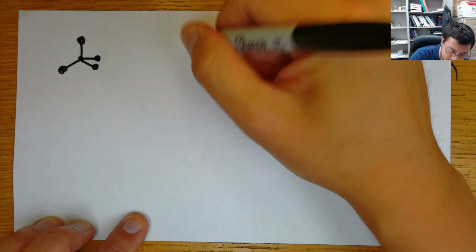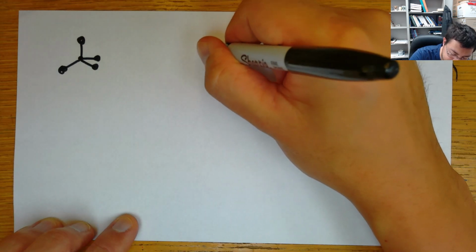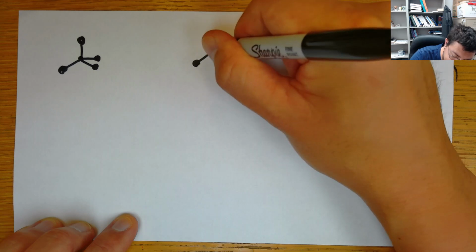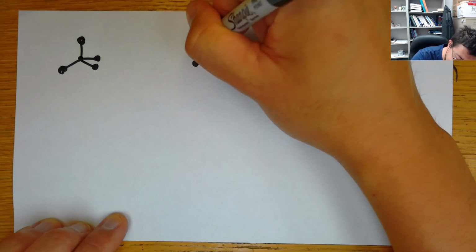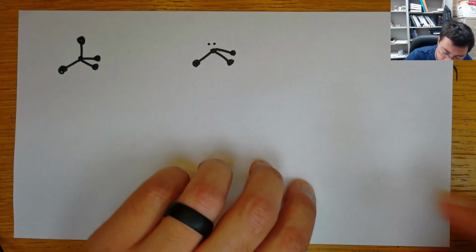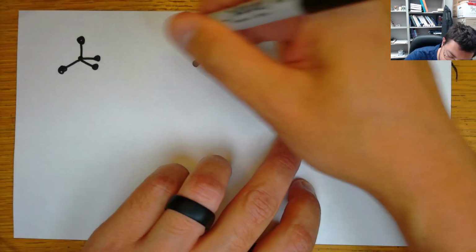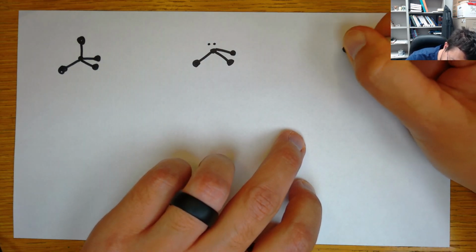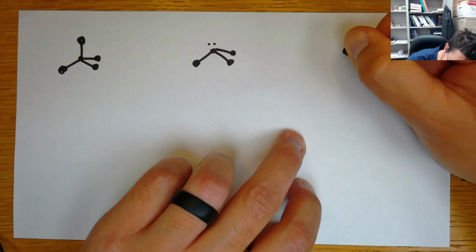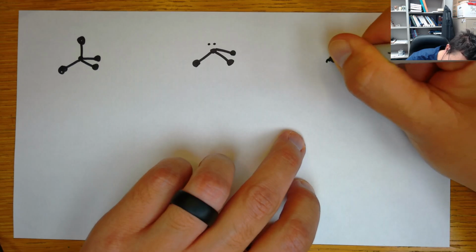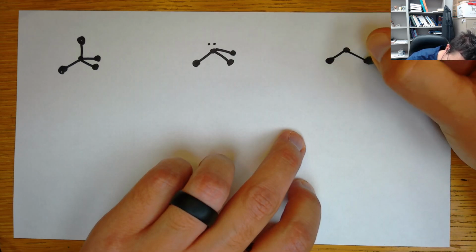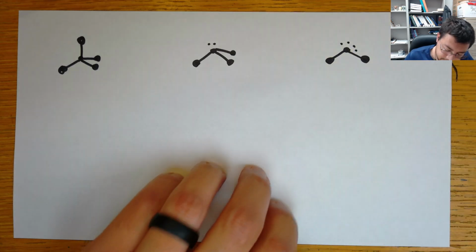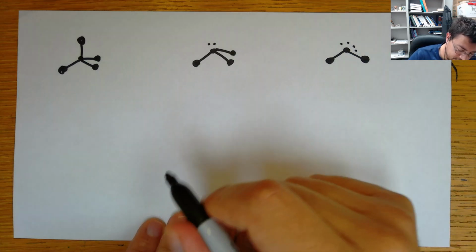All right, and then here's my next one. And then here's my final one for the first row. Sorry, allergies, man. Okay, so that's my first row.